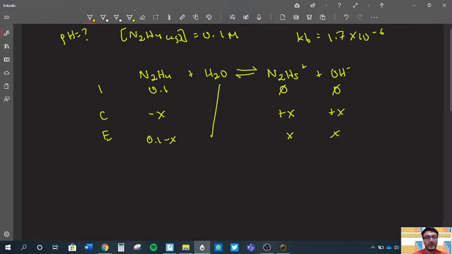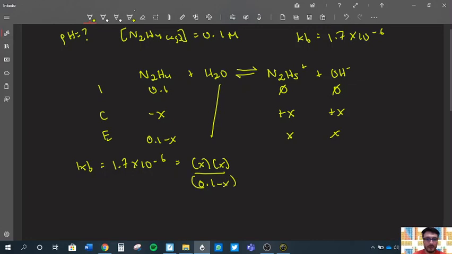Okay, our Kb expression, we know the value of, just jumping right into that, 1.7 times 10 to the negative 6, x times x over 0.1 minus x. Okay, so we didn't in the last example, but we're going to do this here.